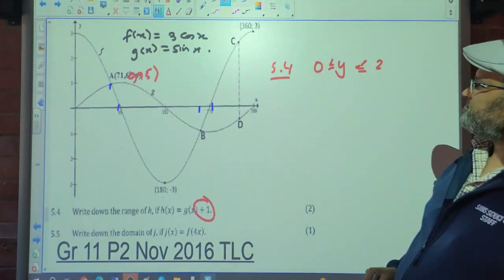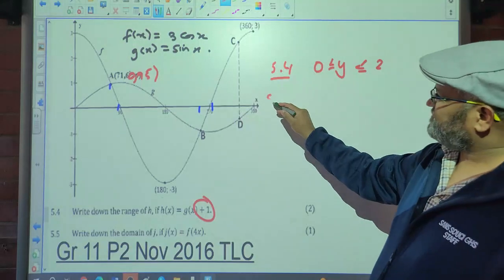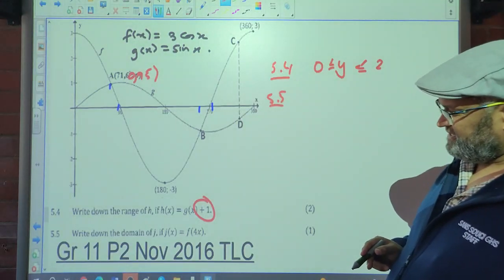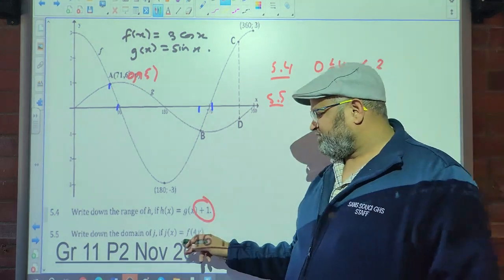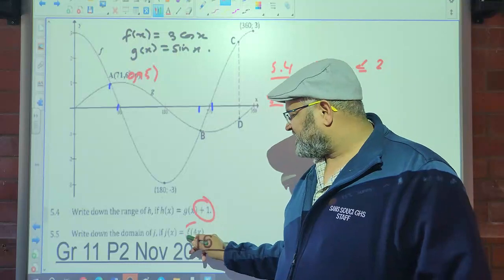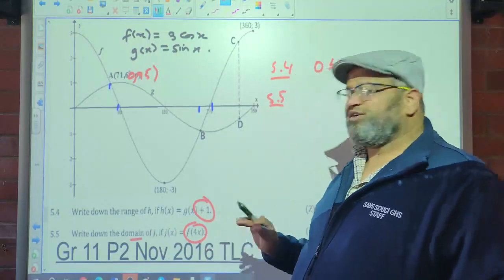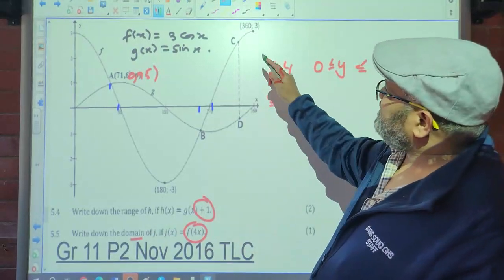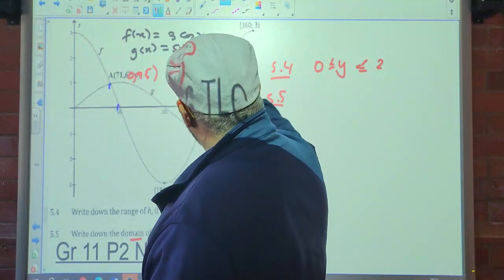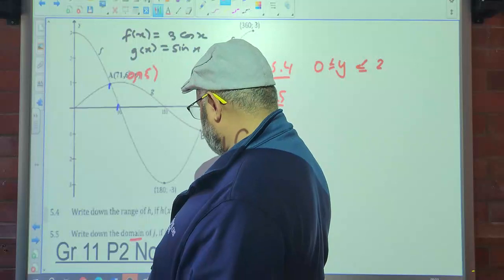Okay, in question 5.5, we have to write down the domain of j of x equal to f of 4x. So what is the domain of f of x? If I look at the f graph, the cos graph, what is the domain of this graph?